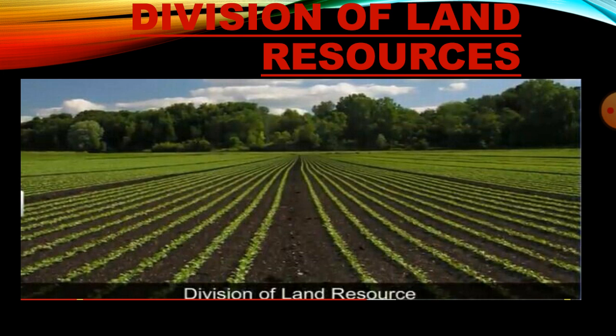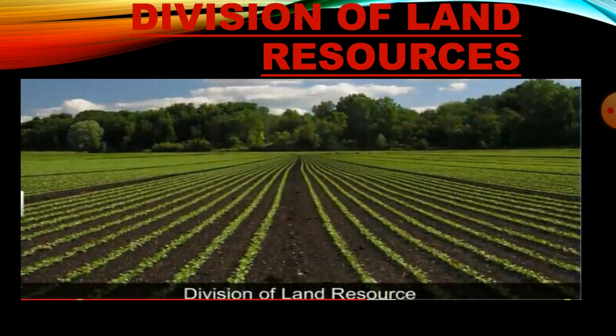Now, the next topic is division of land resources. Students, in village Palampur, we have already seen that about 1/3 of the 450 families are landless. Therefore, 150 families, most of them Dalits, have no land for cultivation.